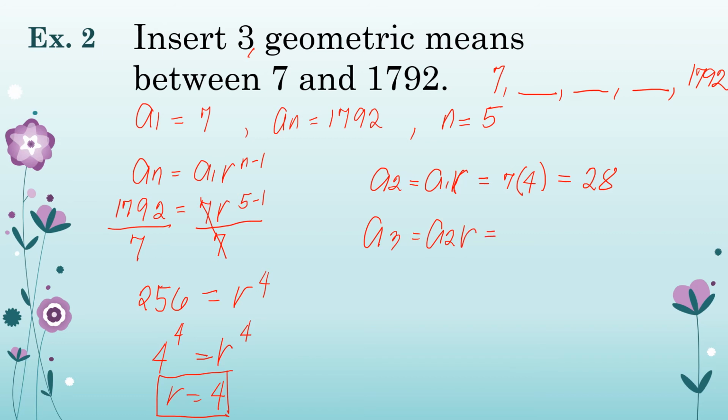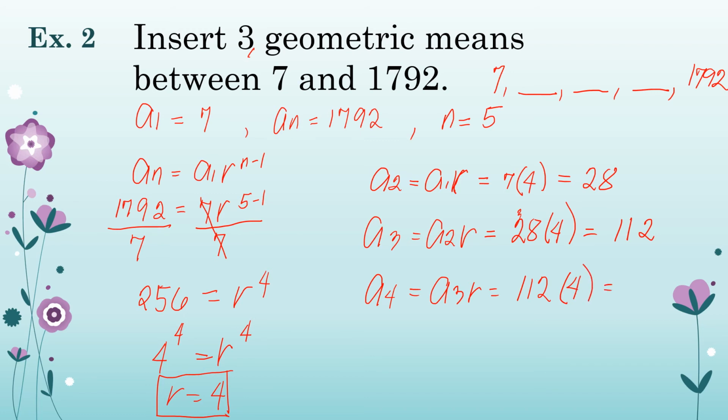And a sub 3 is equal to a sub 2 times r. So what is a sub 2? 28. Very good. Times 4. So that gives us what? So 4 times 8 is 32. So carry 3. 4 times 2 is 8. Plus 3 is 11. So 112. Then a sub 4 is equal to a sub 3 times r. So your a sub 3 is 112, times 4.